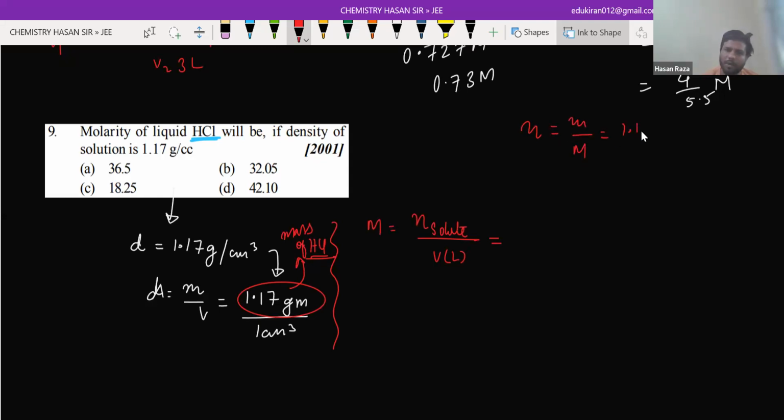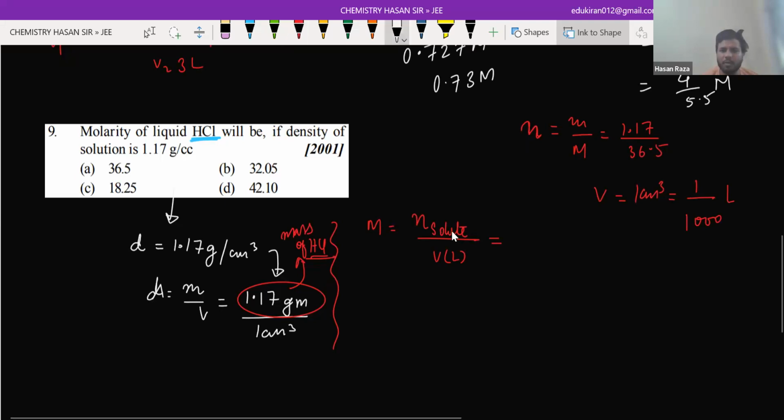Given mass is 1.17 and molar mass of HCl: Cl has 35.5 and hydrogen has 1, so 36.5. Also the volume is 1 centimeter cube, but we need to convert this into liters, so you divide it by 1000.